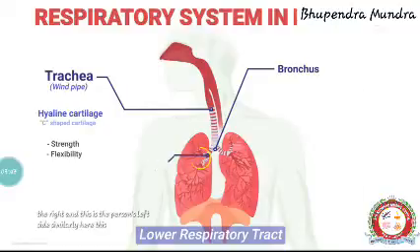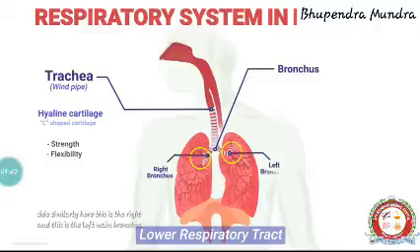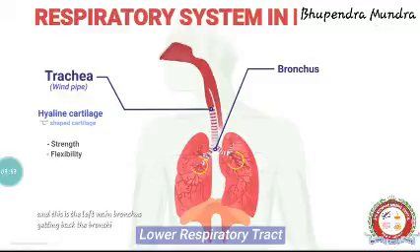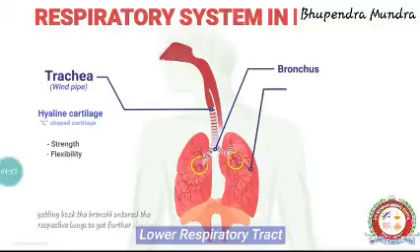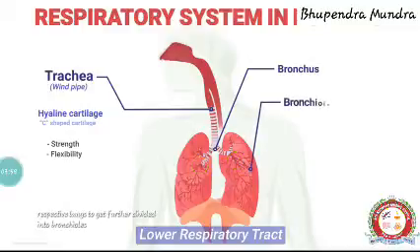Similarly, here this is the right and this is the left main bronchus. Getting back, the bronchi enter the respective lungs to get further divided into the bronchioles.